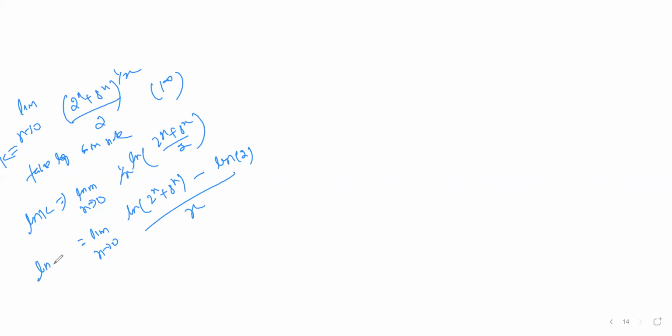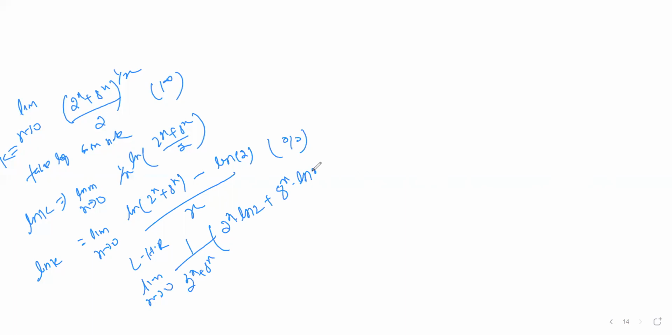Now you apply differentiation. It's a 0 by 0 form, so apply L'Hospital rule. So ln differentiation gives 2 raised to x plus 8 raised to x, and again 2 raised to x differentiation is 2 raised to x into ln 2, and 8 raised to x is 8 raised to x into ln 8. ln 2 differentiation is 0, divided by x differentiation is 1.